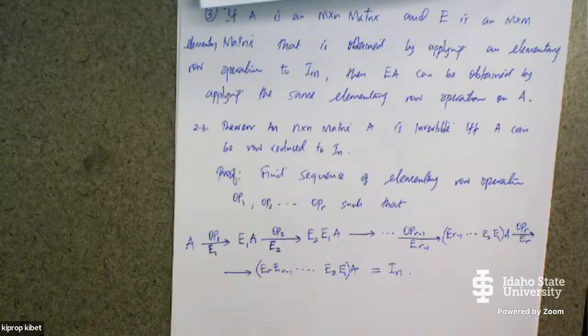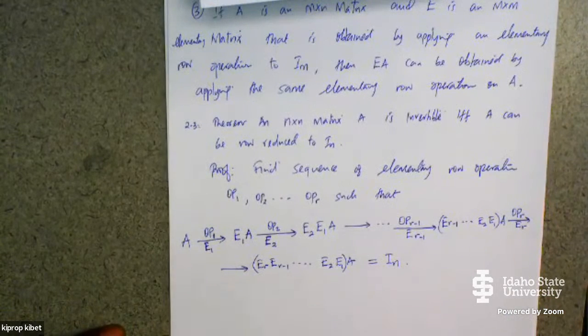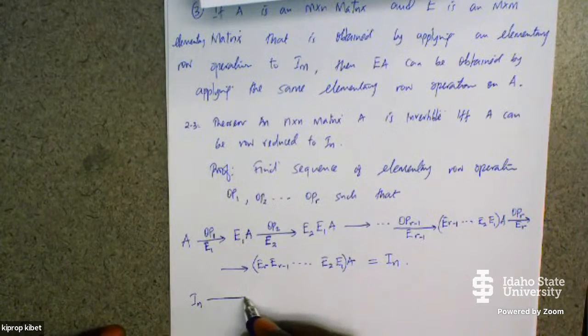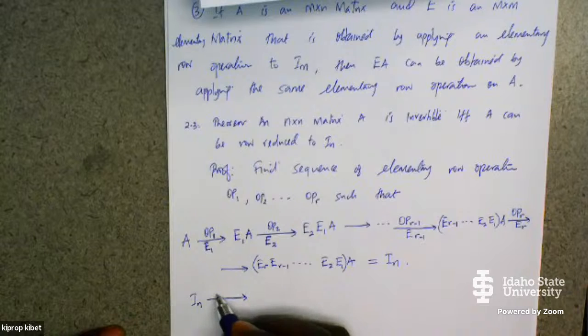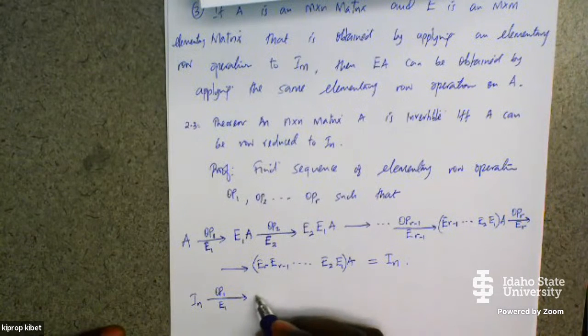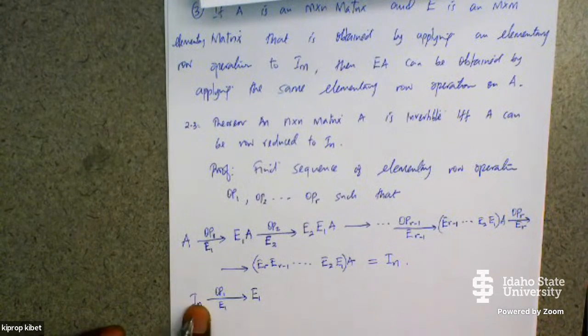Similarly, you can switch it. If we have our identity matrix In, and we do operation 1 and multiply by E1, it is the same as getting E1 multiplied by In, which is the same as E1.